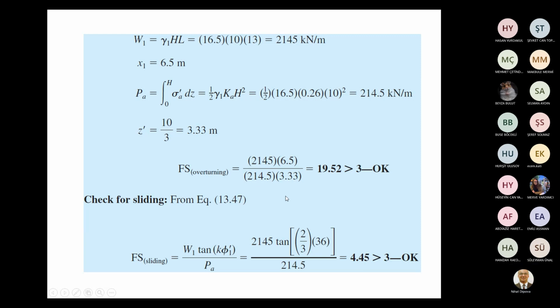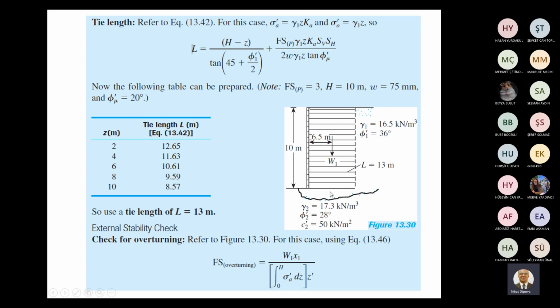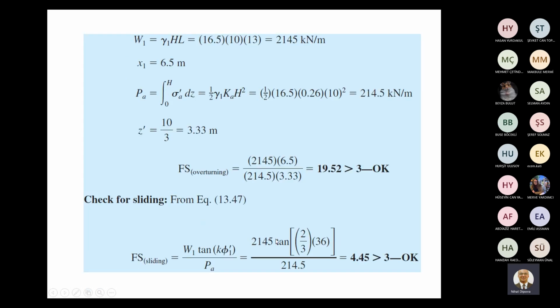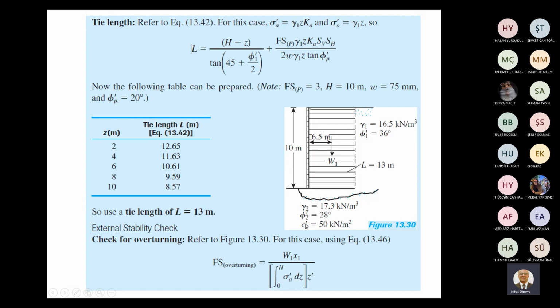For sliding, 2 over 3 of the internal friction angle of the soil backfill. This is the interface angle between soil and the facing element, reinforcing strip, and multiplied by normal force.